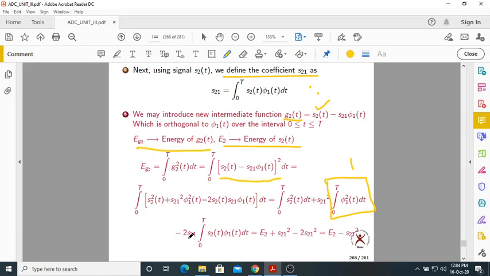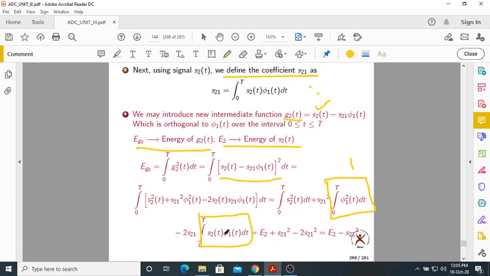Minus 2 into S21 times the integral of S2 of t phi 1 of t dt. What is this? What is integration 0 to T S2 of t phi 1 of t? That is S21. Please pay attention here. I am just asking about this integration.